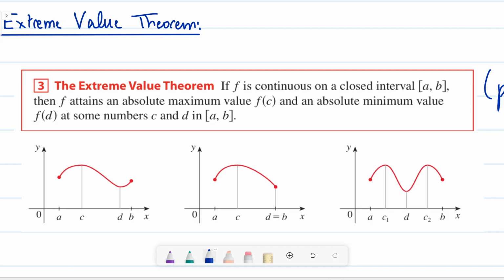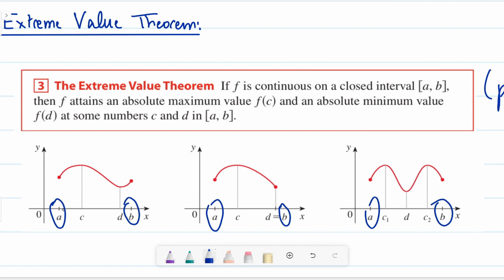So let's notice that f is continuous in all of these graphs from the closed interval a till b. We can notice that f is continuous. So the extreme value theorem tells us that f will have an absolute maximum value and an absolute minimum value.